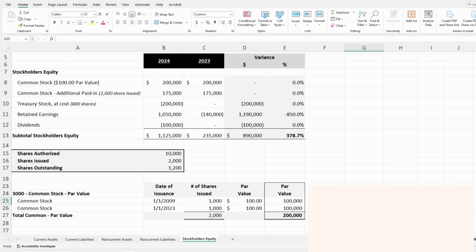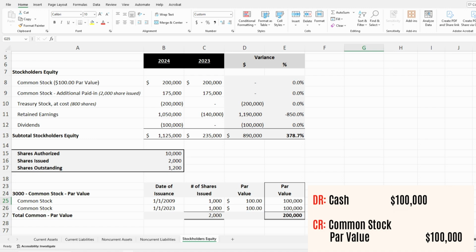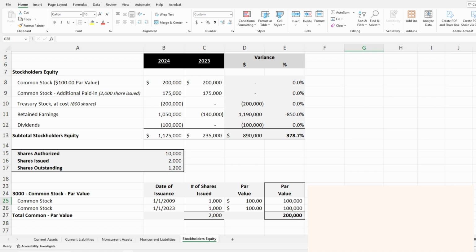So we're going to debit $100,000 of cash for the par value portion of the common stock and credit common stock par value. If we sold it for more than $100 a share, we'll go over that in a second. In 2023, we issued 1,000 more shares at the par value, $100. So we're going to recognize that same journal entry again in 2023.